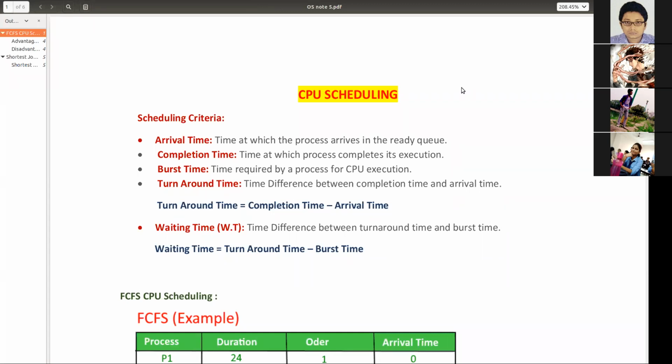How long our process is waiting in the ready queue to get the CPU. So that is basically waiting time.